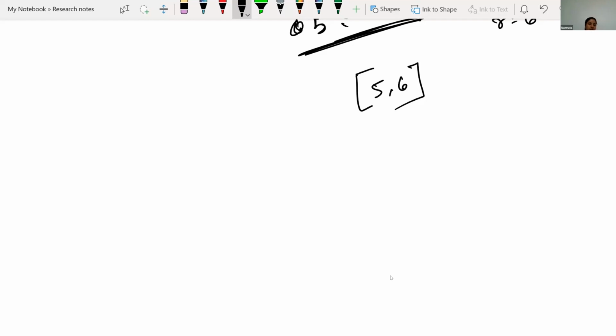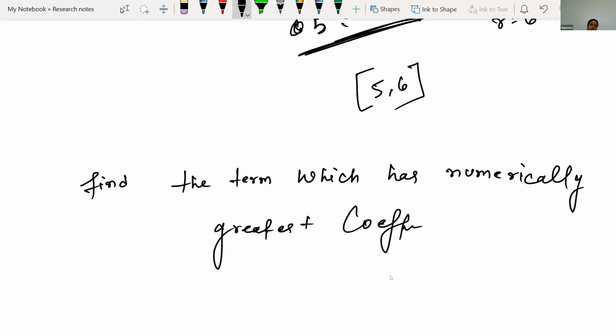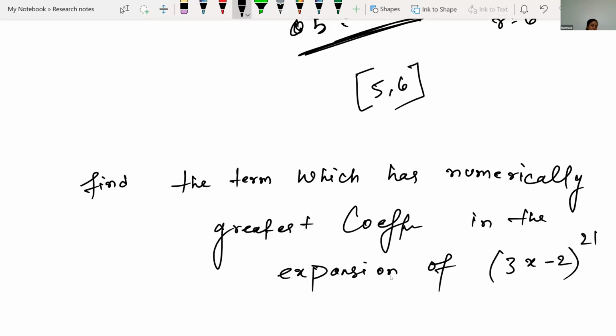Here it says find the term which has numerically greatest coefficient. Whenever it says the word numerically greatest coefficient, we have to use this formula. Find the greatest coefficient in the expansion of 3x minus 2 to the power 21.